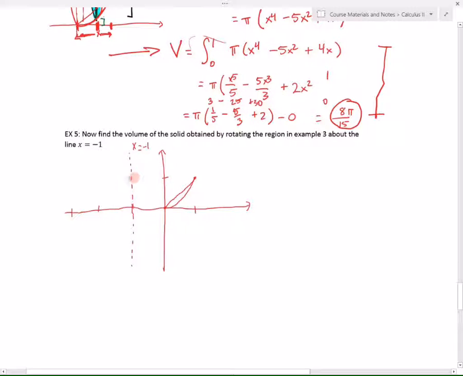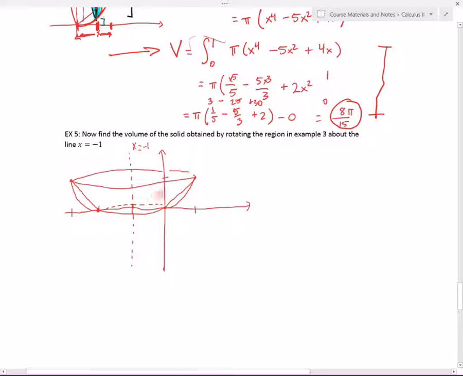So I'm going to go, remember, 2 away here. So I'm going to go 2 away there, here. And so I've got a straight line, and I've got my parabola right there. And again, remember, this is rotating about here, so it's going to be this kind of bowl shape. Actually, it looks very much like a cereal bowl to me.